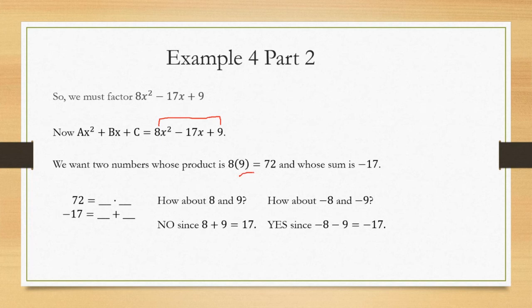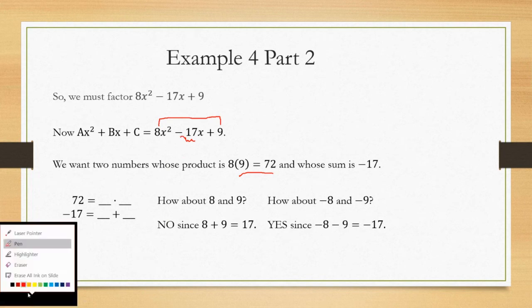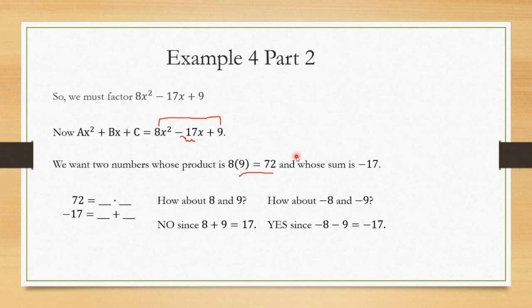That's 72. And now we need 2 numbers whose product is 72, but whose sum is negative 17. Two numbers, right, whose product is 72 and the sum is minus 17.